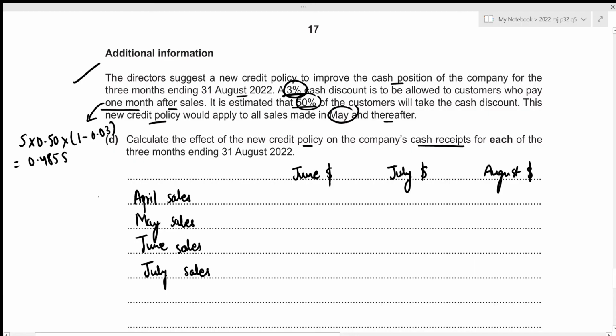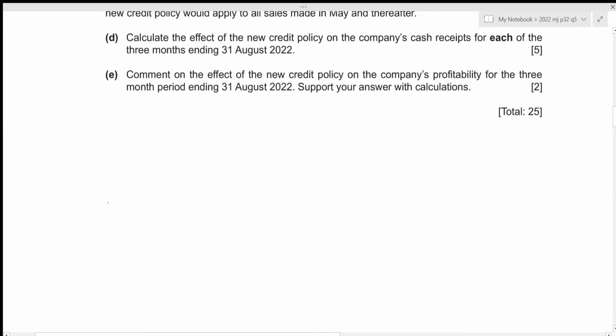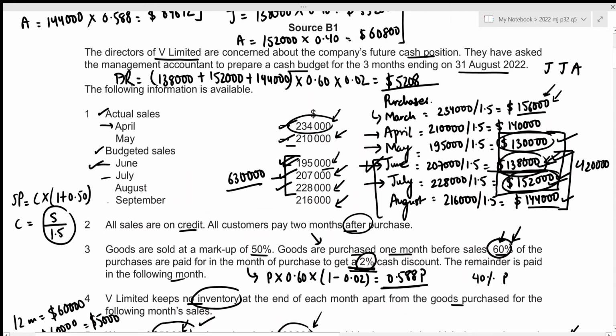So it will not apply to the sales made in April, which means that for the sales made in April, we'll be utilizing the previous policy where the payments will be made after 2 months. So let's have a look above. For this entire sales of 234,000 made in April, it will be received after 2 months in the month of June. So let's write down this amount of 234,000 for June.